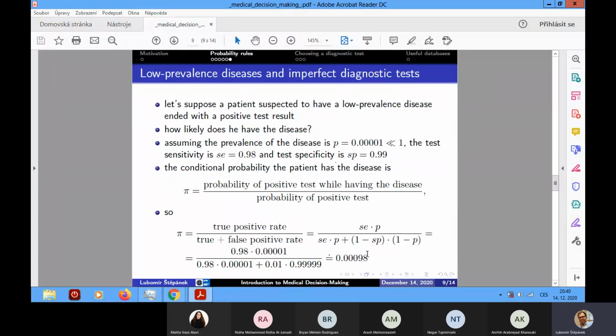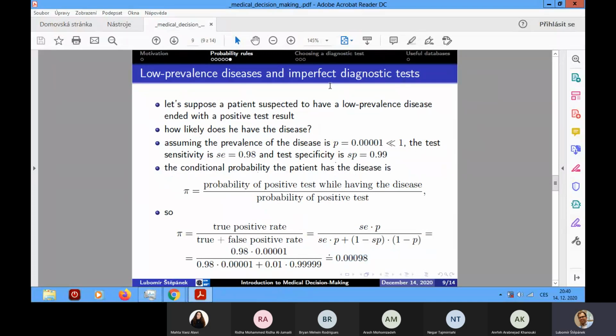I would say it's just 1 promille, maybe 1/10 of a percent, so it's pretty close to 0. So even if we got a positive test result for our patient, it's absolutely unlikely that he also got the disease.